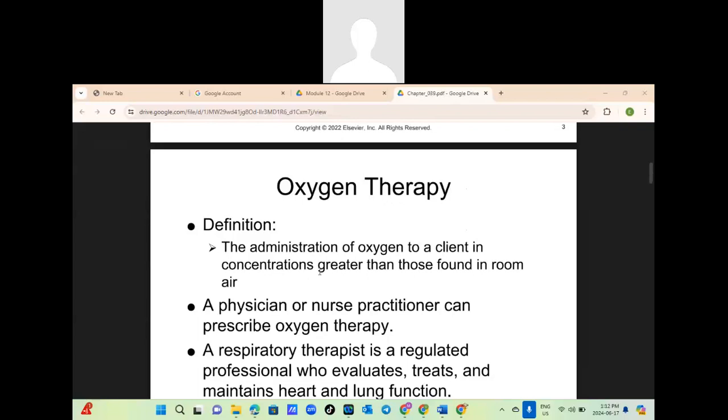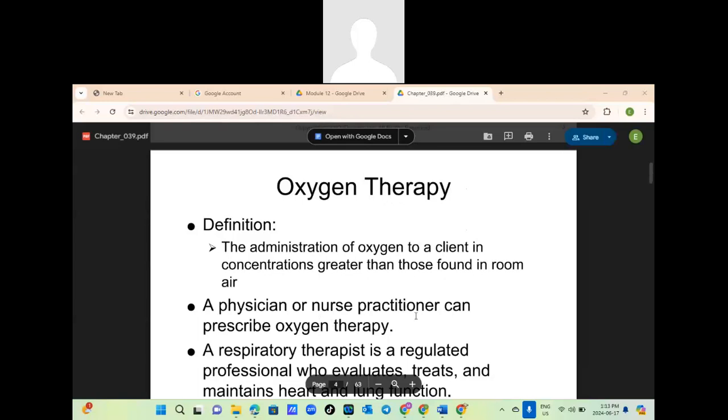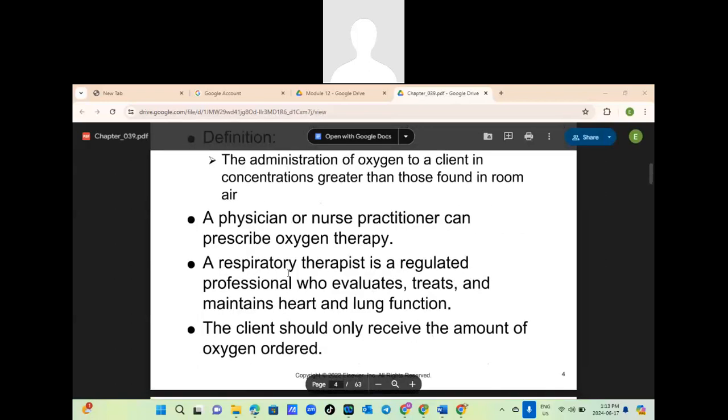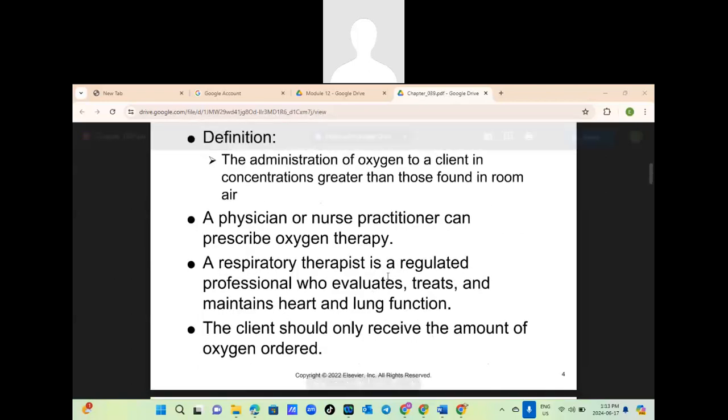So oxygen therapy is the administration of oxygen to a client in concentrations greater than those found in room air. A physician or a nurse practitioner can prescribe oxygen therapy. A respiratory therapist is a regulated professional who evaluates, treats, and maintains heart and lung function.